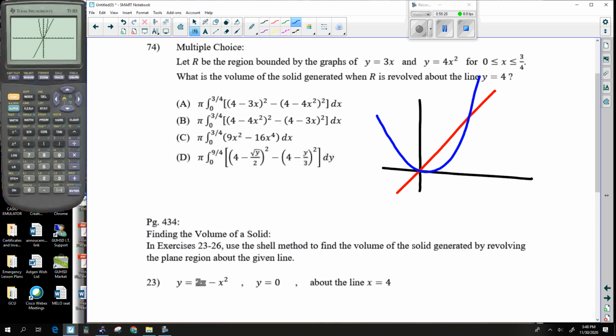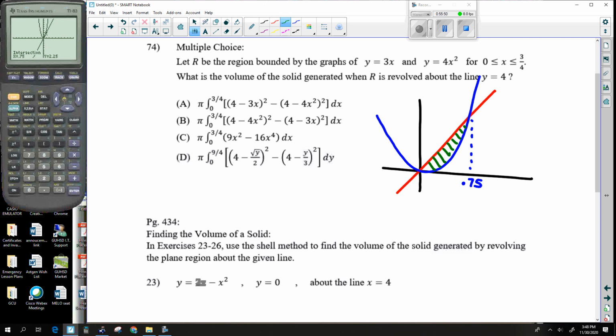From 0 to 3/4, where does that intersection occur? Okay, it does intersect at an x coordinate of 3/4. So this is the situation.